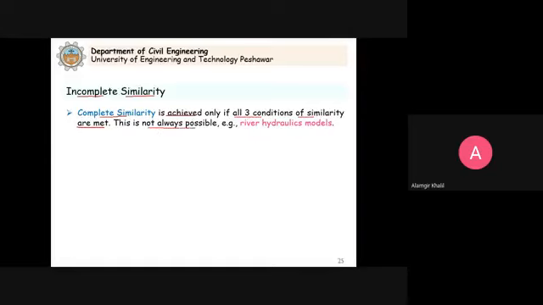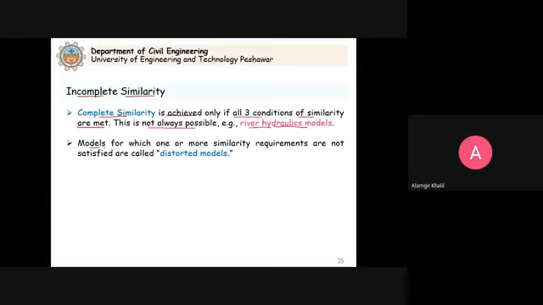We already studied the case of river models, because in that case complete geometric similarity is not possible.